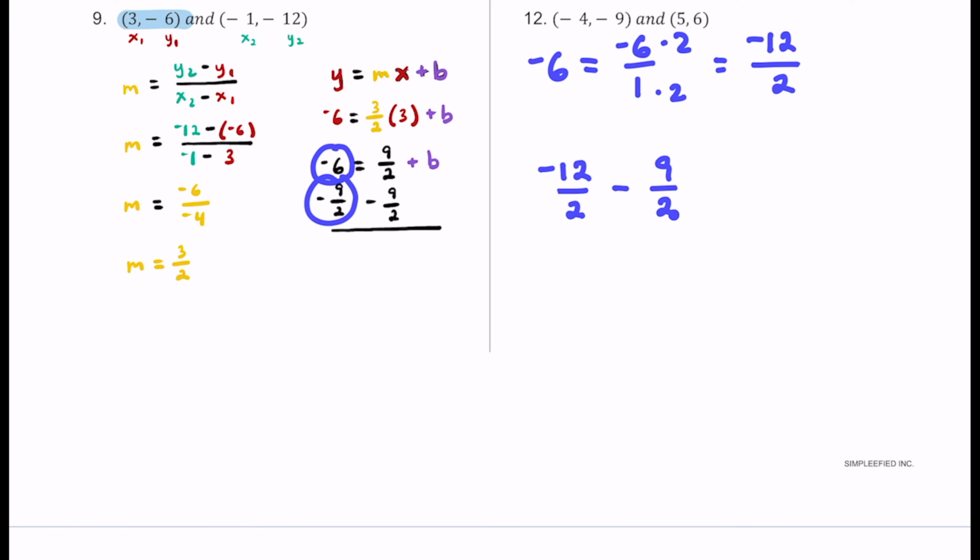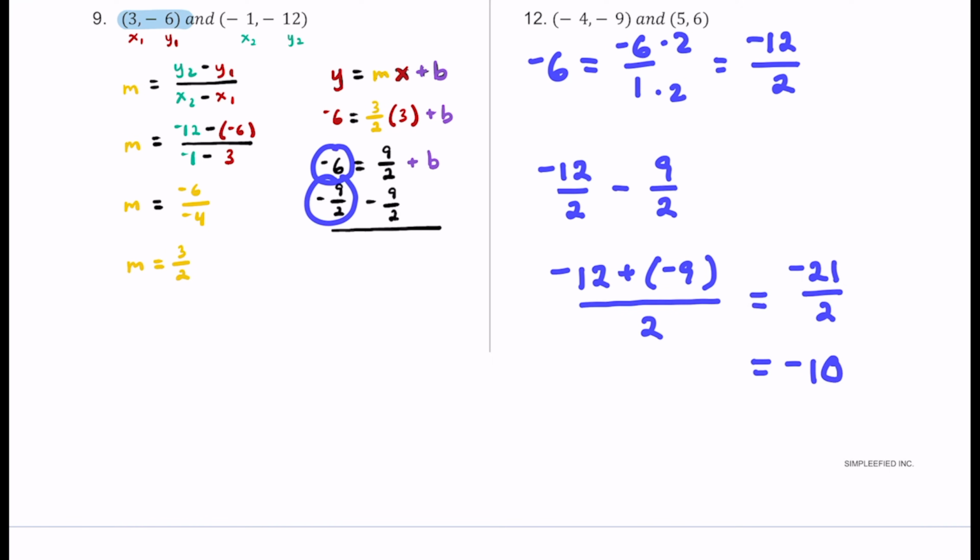And so keep in mind that if we are subtracting, this is the same thing as -12 plus -9, all right, if you add the opposite, over 2. And so -12 plus -9 is -21 over 2. And so -21 over 2 is really -10 and 1/2. Okay, so just try to be careful, take your time with that. If you wanted to use mixed numbers, feel free to do that as well.